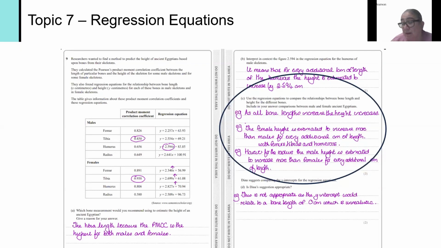And where they were able to have a go, it was often just the first mark for identifying that as the bones increased in length, the height increases. And then they just listed the lowest, highest gradients and intercepts, or would state that the males were taller than females.